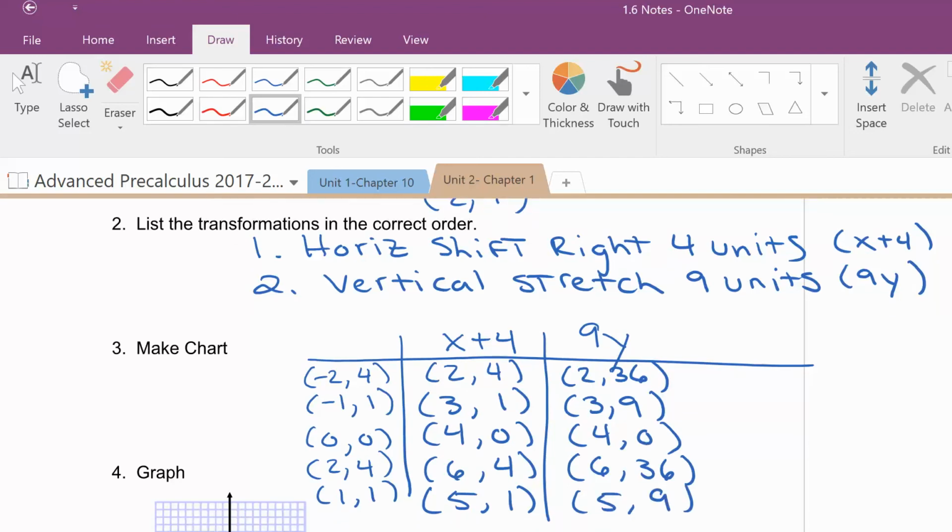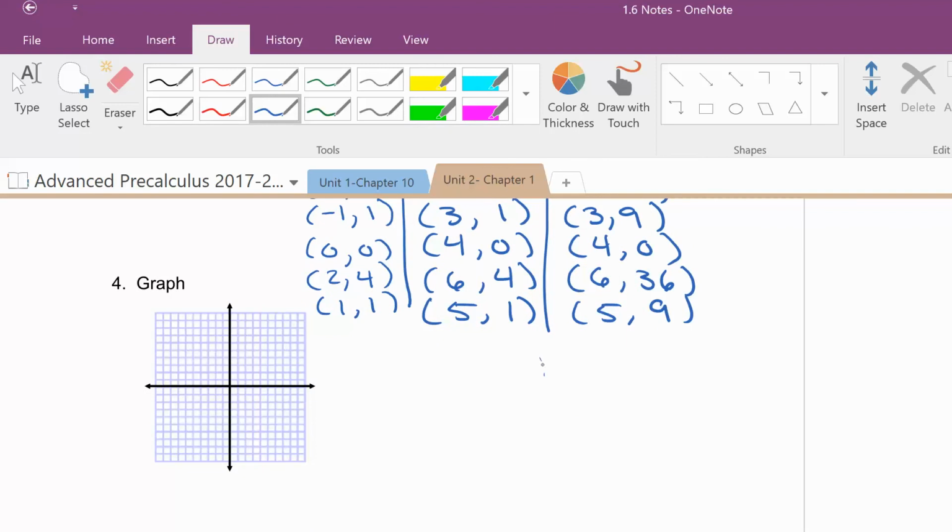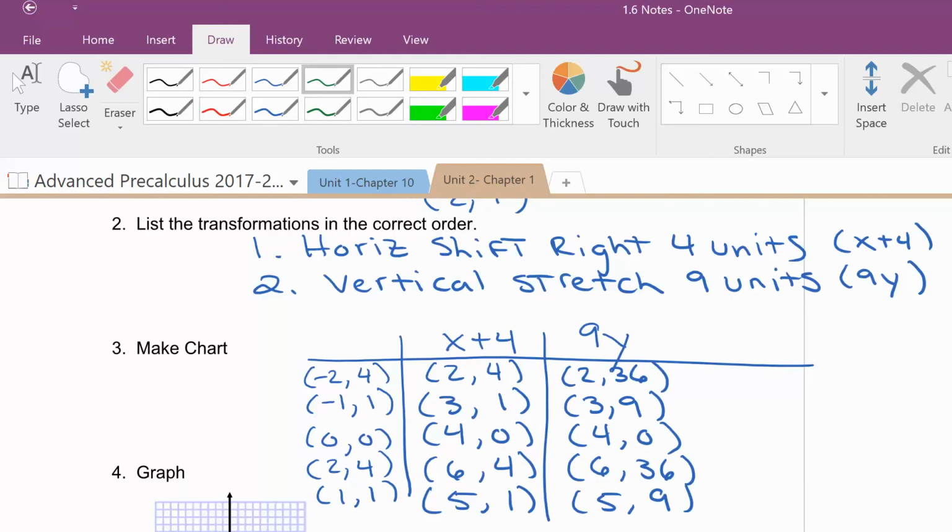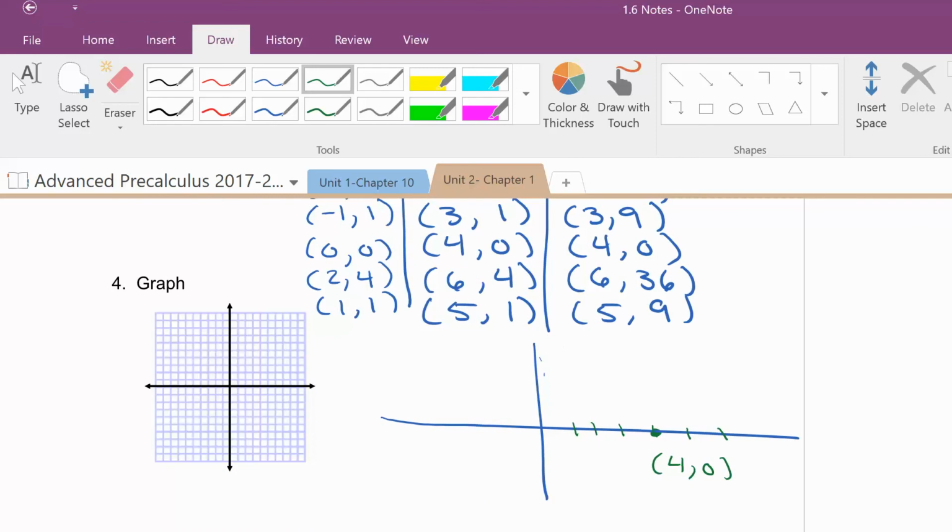So I'm going to make this next graph a little bigger. So I have 4, 0 right here. So I have 2, 36 up here. And I have 3, 9 down here.